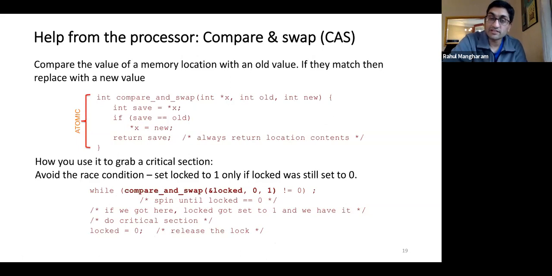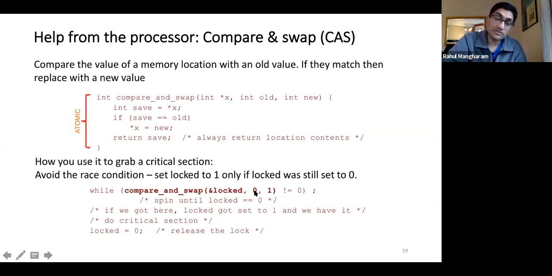but in test and set, it's implicitly saying, was this set before? If it wasn't set, then set it and return the old value. But then I have to do that comparison. So here it's just returning the old value. So whatever I have, it's just returning that old value. And so it's again just checking, was the lock set before?